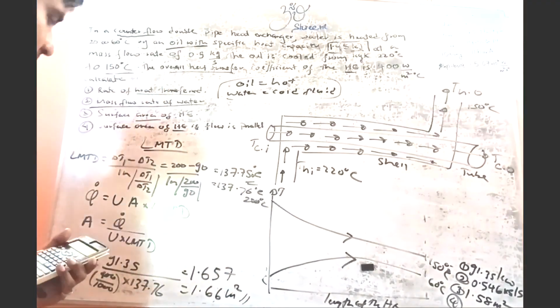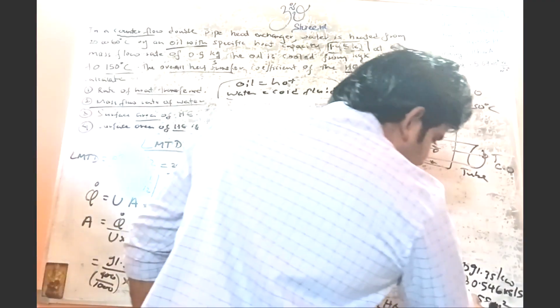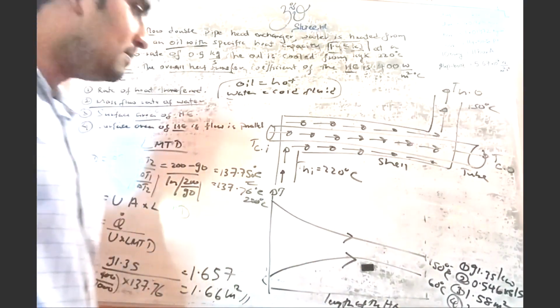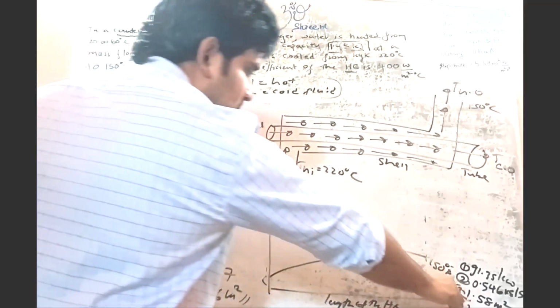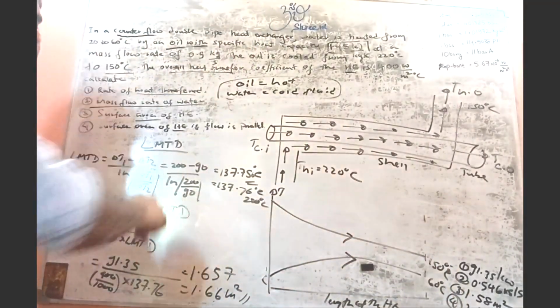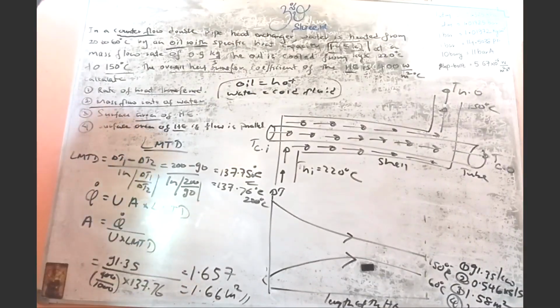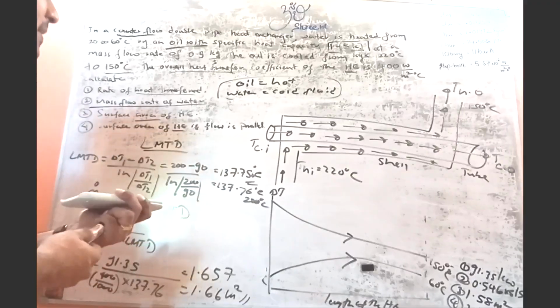So what has happened to the area? 1.66. The area has increased, because previously it was 1.58 meters squared for the counterflow, and now it is 1.66.